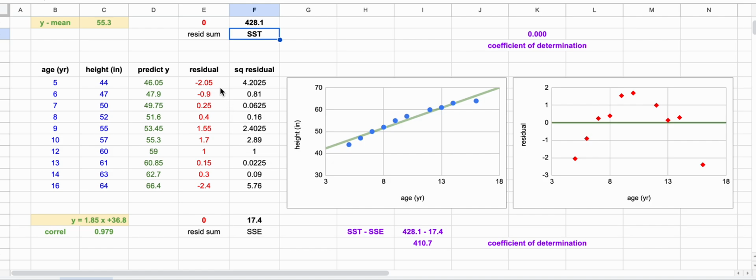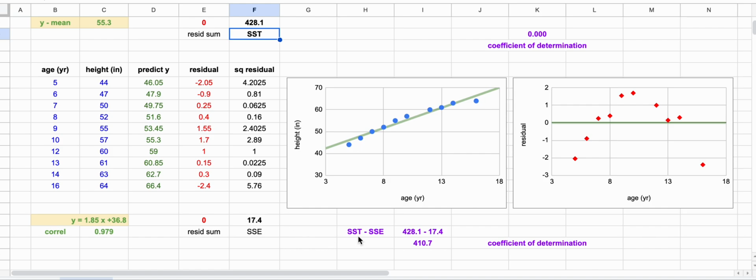When you do the analysis, you end up getting a squared residual of 17.4, much better than the 428.1 that we had earlier when we're just using the averages. Of this 428.1, which is kind of like the total squared error possible, we've been able to eliminate a lot of that error, and now we only have a much smaller SSE of 17.4.